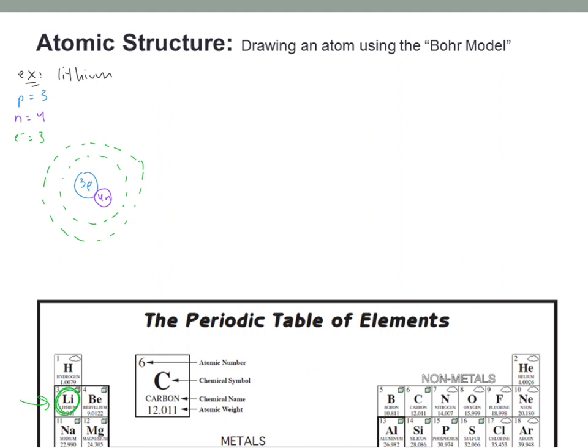I only have 3 electrons to distribute, but I follow the same rules as before: I can only fit 2 in the innermost, then 8, then 8, then 18. So I'm going to put 2 of the 3 in the innermost, and then my third in the outermost shell. That would be my Bohr model for lithium. Pretty straightforward. Let's do a bigger element.